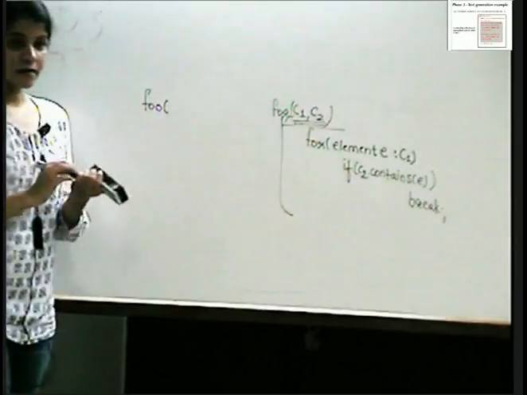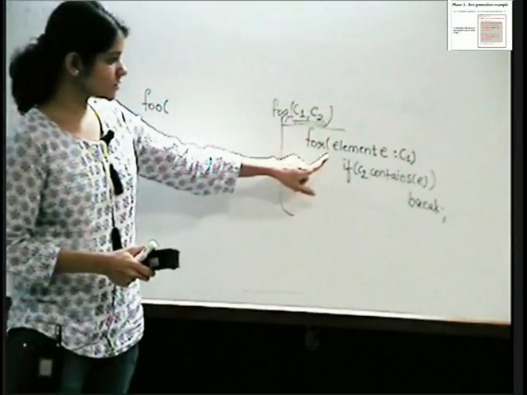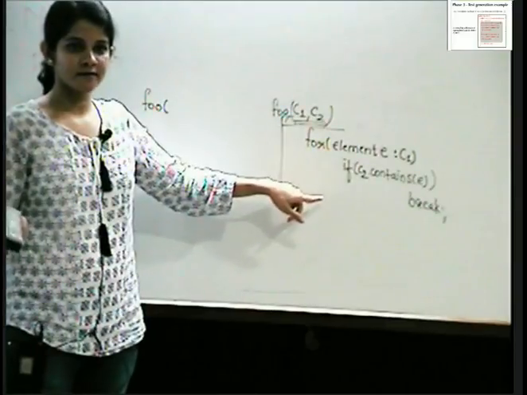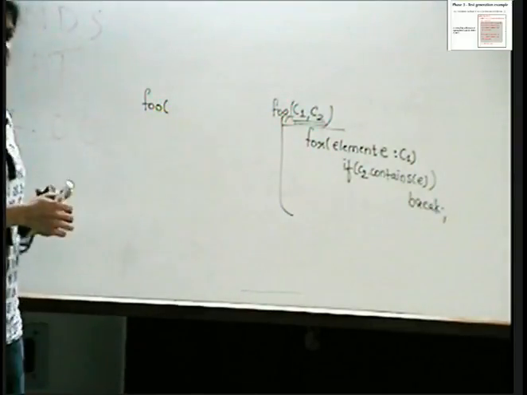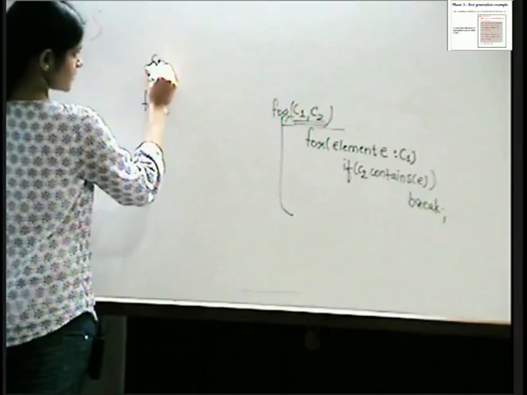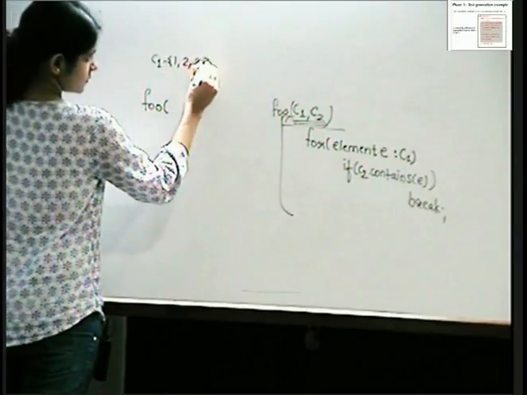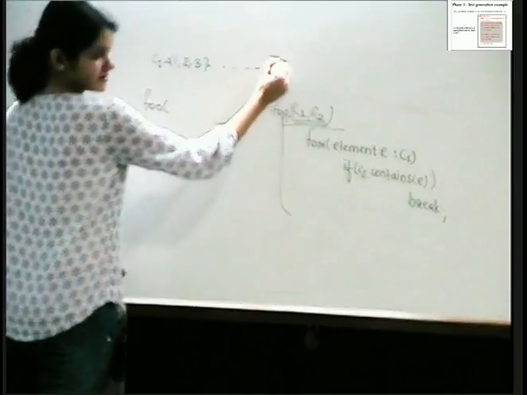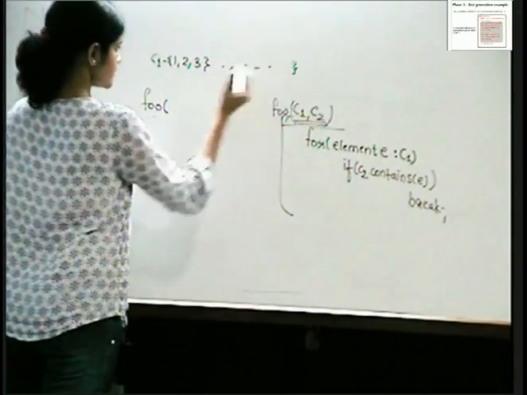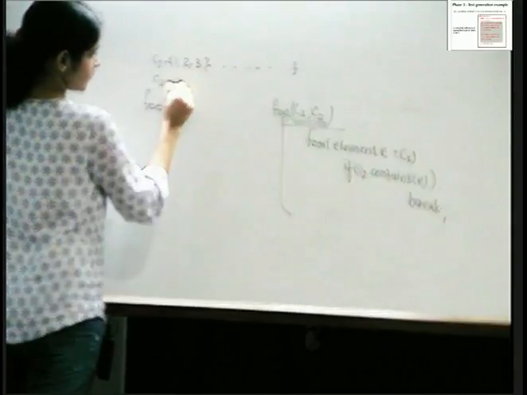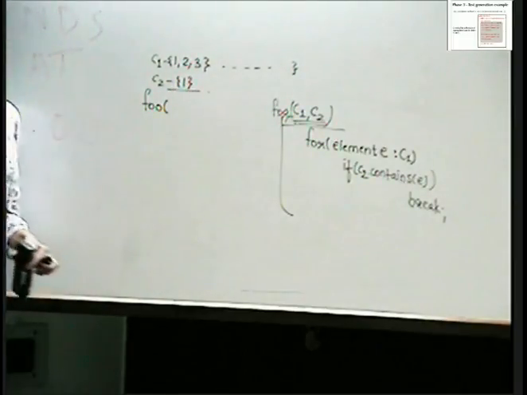So now what is my motive? My motive is that this loop should run as long as it can, correct? Now do you see a problem here? Suppose C1 has 1, 2, 3 and so many elements, and suppose C2 has 1.